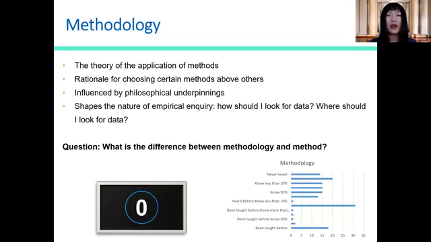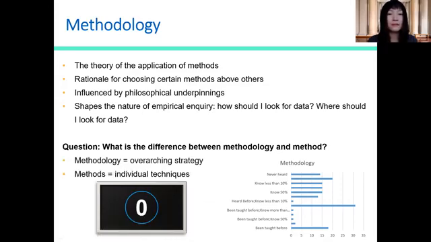But since we are in a designated module on research methodology, I'd like you to learn the most accurate knowledge you can on these terms. So we are being maybe a little bit too careful, but I hope you can know the difference between these commonly used terms.